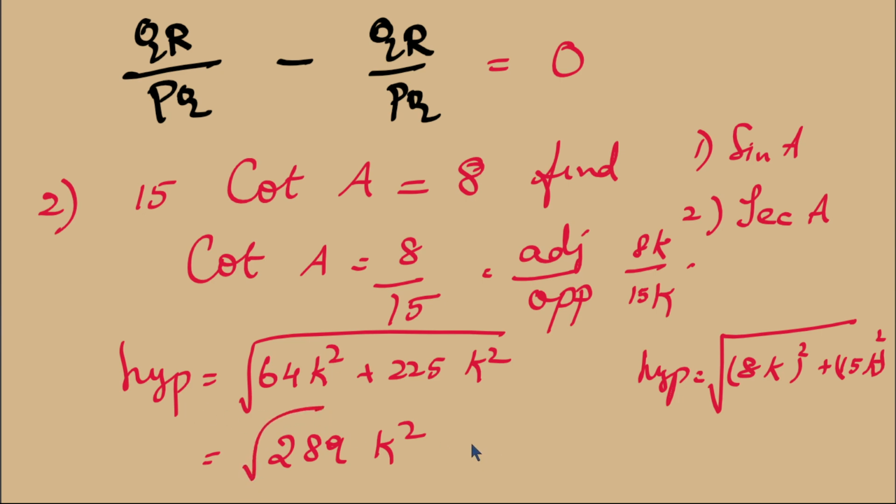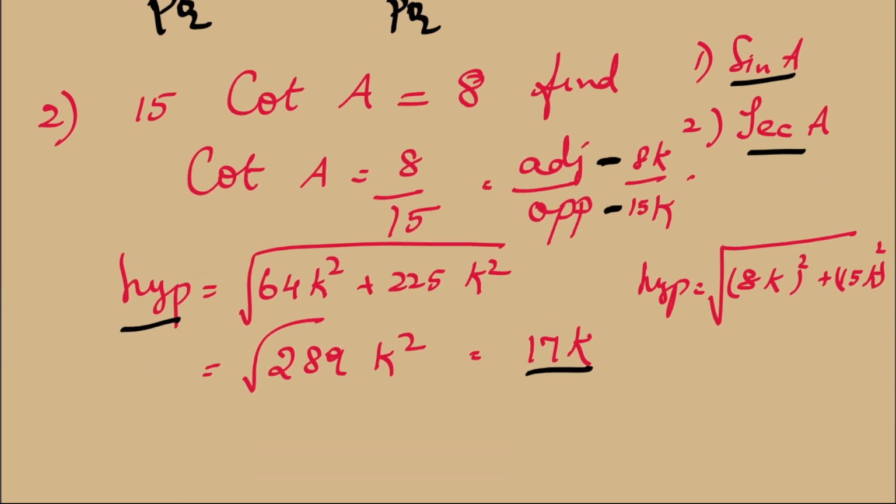So what is our hypotenuse? It is 17k. The square root of 289k squared is 17k. So we have all the three sides now. We have adjacent is 8k, opposite is 15k, and the hypotenuse is 17k. We just have to find sin A and secant A. So let's do it.